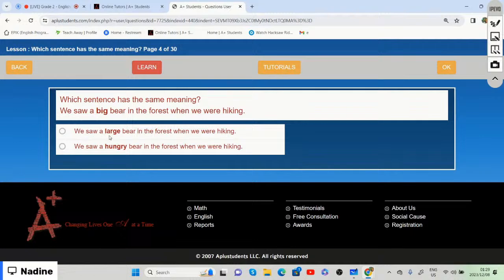So we said we saw a big bear in the forest when we were hiking. Big. What is another word similar to big? Is it large or hungry? So large or hungry.